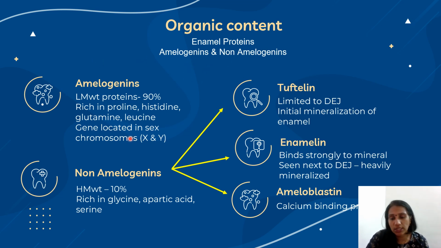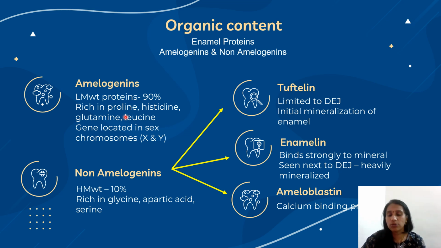Now amelogenins are low molecular weight proteins which form the majority among the enamel proteins, around 90%, and consist of amino acids like proline, histidine, leucine and glutamine. This amelogenin is located on the X chromosome.